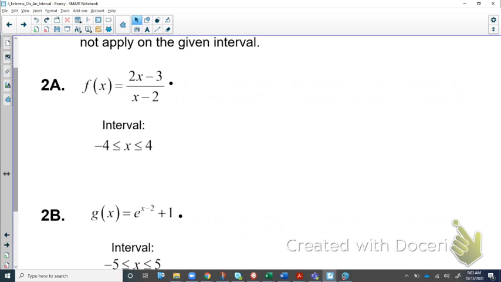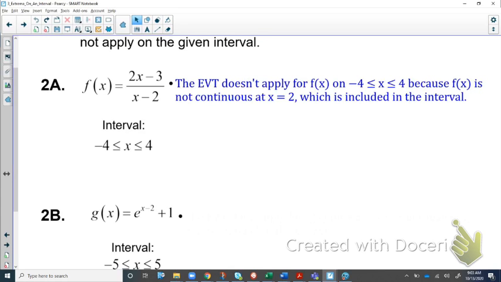Well, here we're not being asked to show continuity. We're using continuity, but that's not what we're being asked to prove. We're being asked to justify whether the extreme value theorem is going to apply. So I'm not going to go through the whole process of explaining or justifying whether or not the function is going to be continuous. Would it be bad if I showed that the limit doesn't exist at x equals 2? No, it would absolutely not. Is it going to hurt you if you had it? Absolutely not.